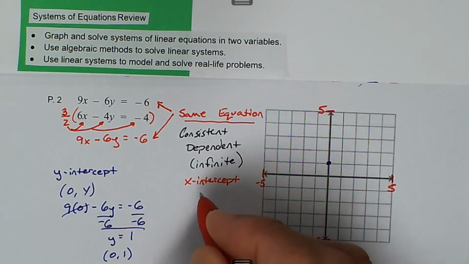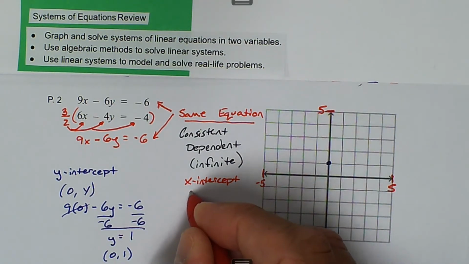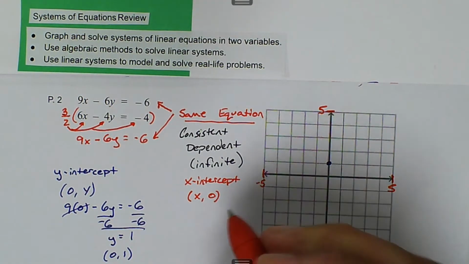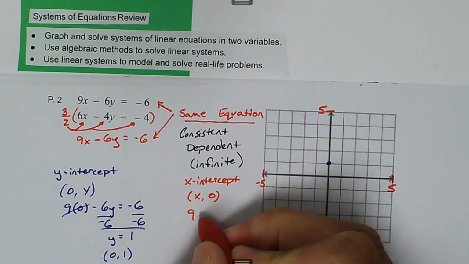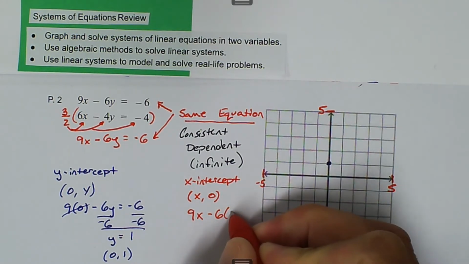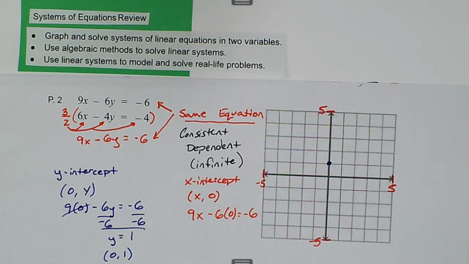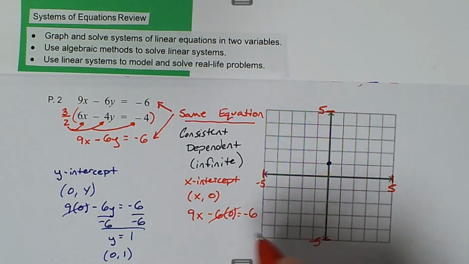In that case, we're going to pick y equal to 0. So we have 9x minus 6 times 0 is equal to negative 6. Negative 6 times 0 drops out, and divide by 9.